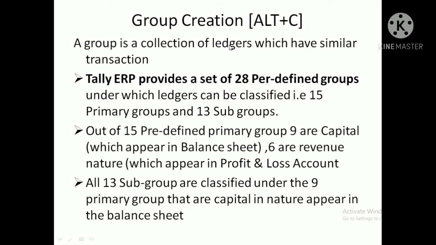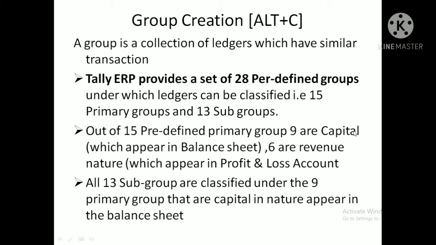Under this, 15 are called primary groups and 13 are called subgroups. Out of those 15 predefined primary groups, 9 are in capital nature.